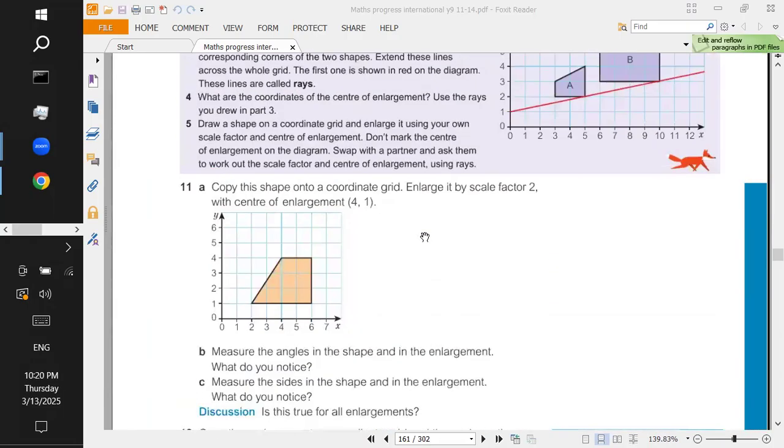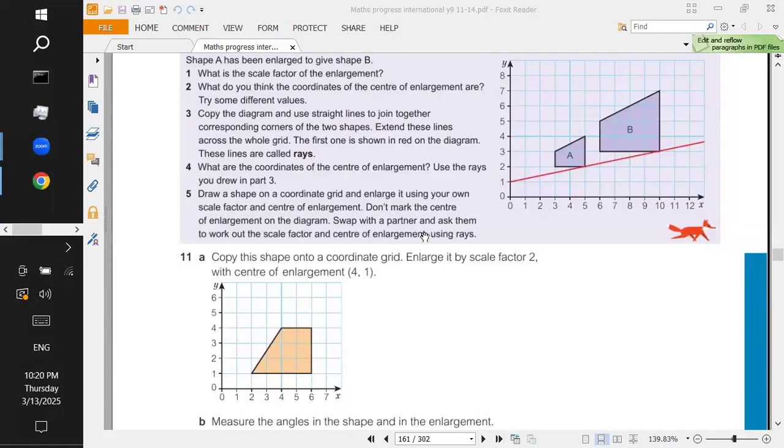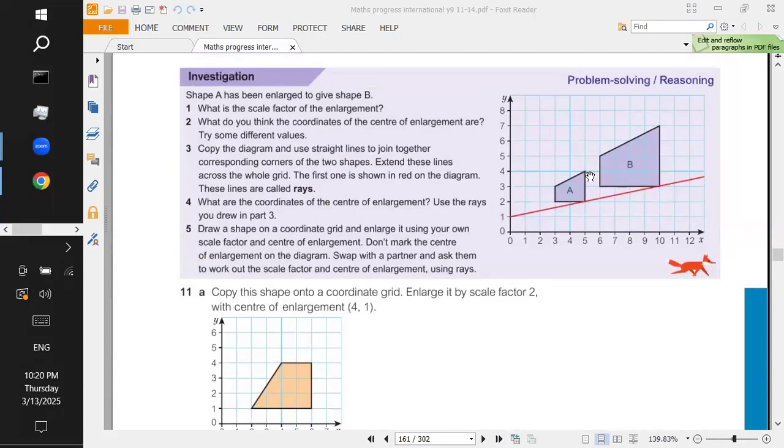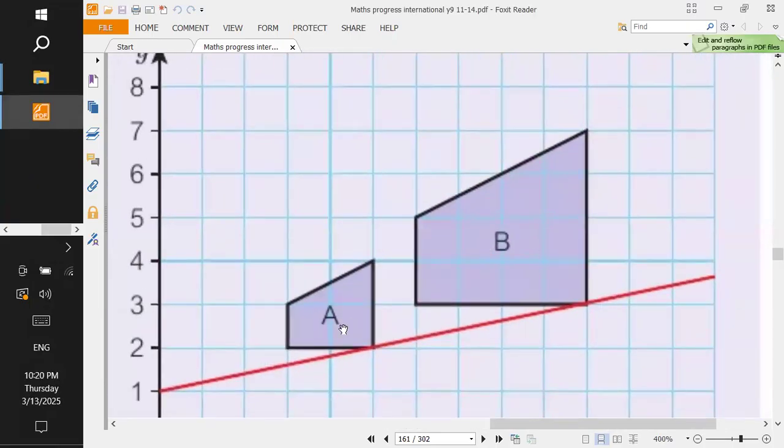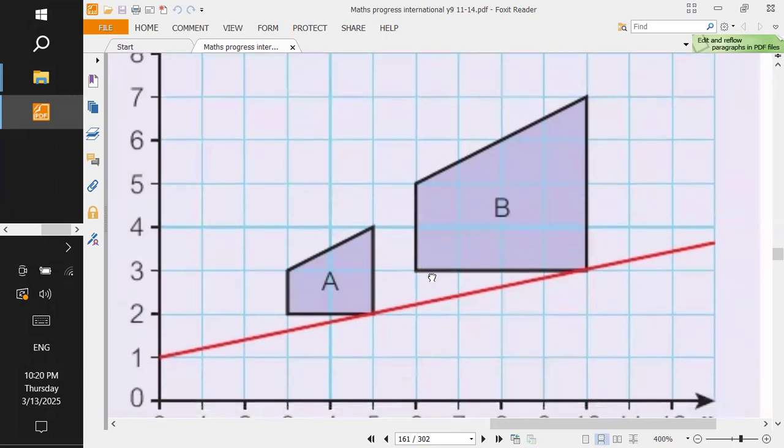Same idea, okay? Sometimes they will ask you to find the scale between two shapes. For example, if I'm talking about these two shapes here, and I want to find the scale between them and the center of enlargement, first thing I do, I want to find the scale. So I take the ruler and the pencil and I connect the corresponding points.